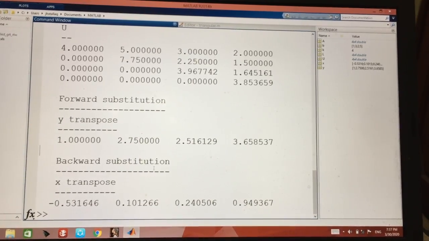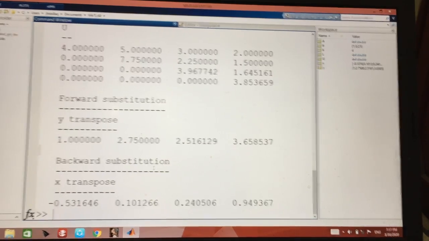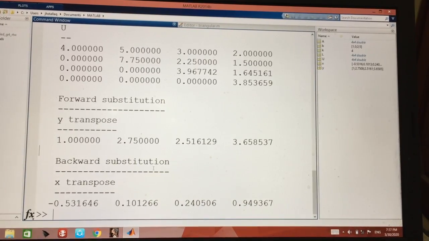And all here you have 0. Now this times x1, x2, x3, and x4 is equal to y1, y2, y3, and y4. Now we know y1, y2, y3, y4. This we calculated from the forward substitution. Now we can utilize backward substitution.